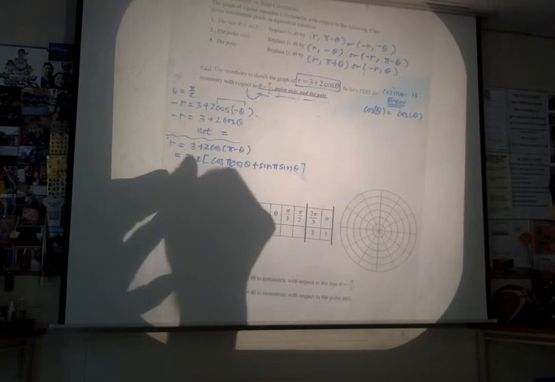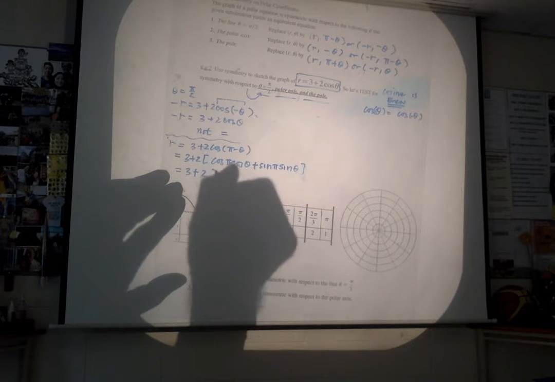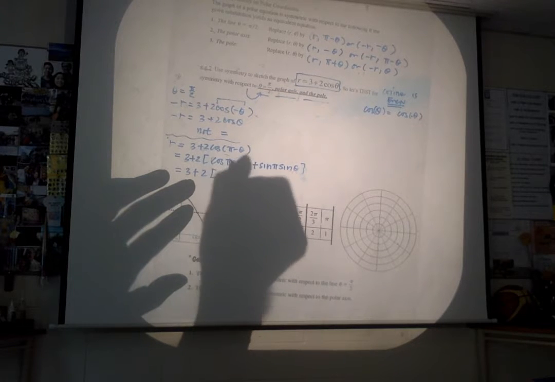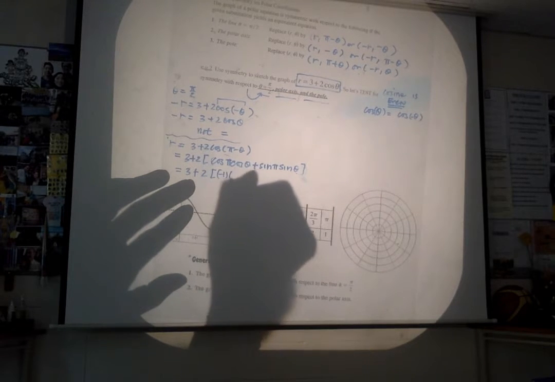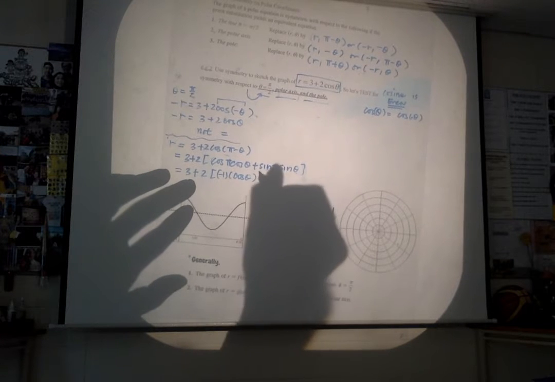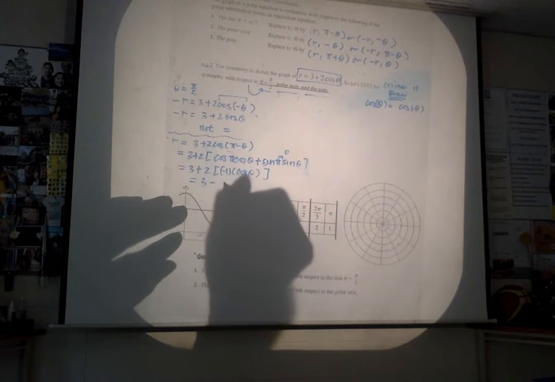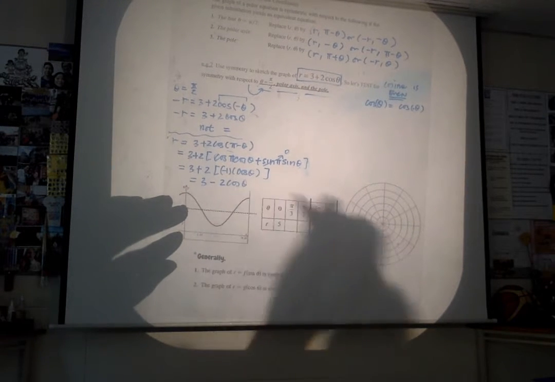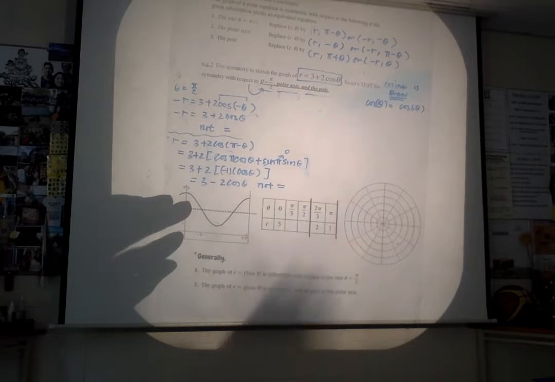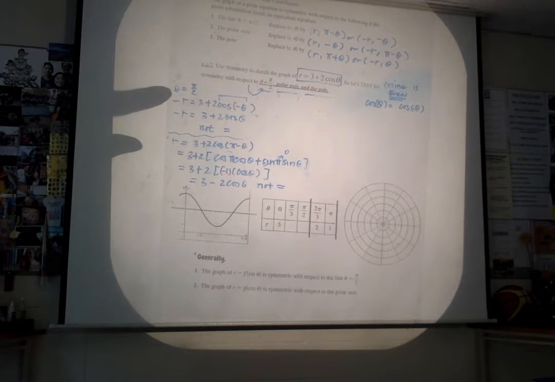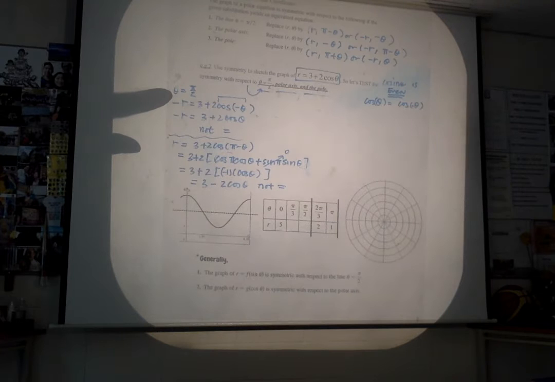And you know what happens here, right? It's 3 plus 2. And isn't cosine of pi negative 1? And this is just cosine theta. And this is 0, so it goes away, okay? And now I get that this is equal to 3 minus 2 cosine theta, which is not equal. So I can conclude that this is not symmetric about the line pi over 2.